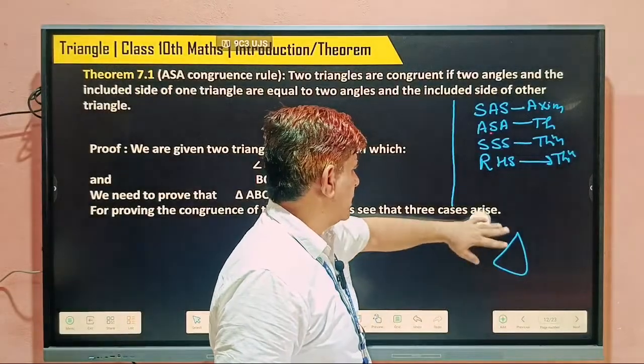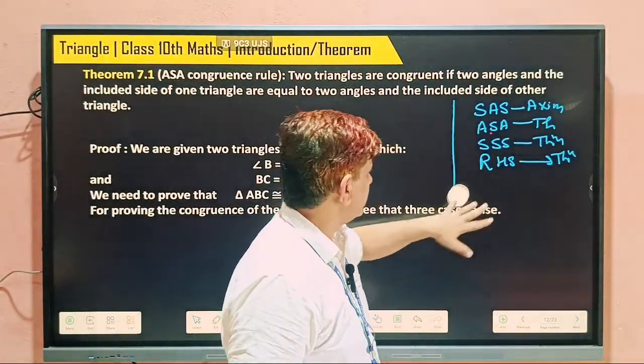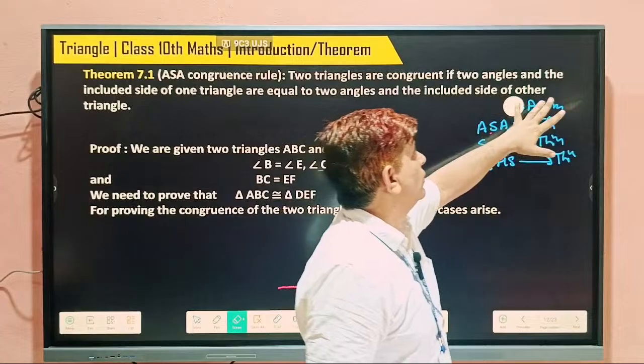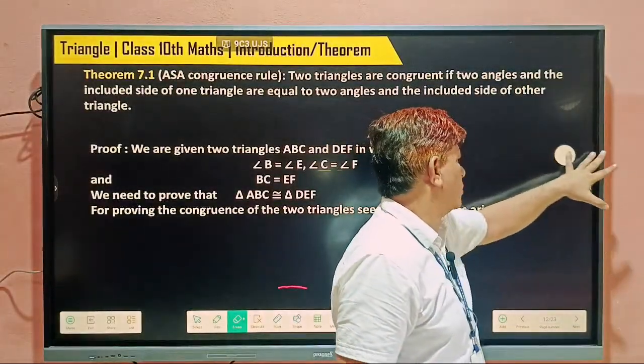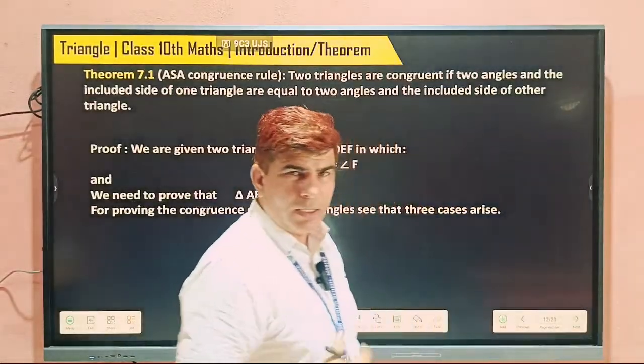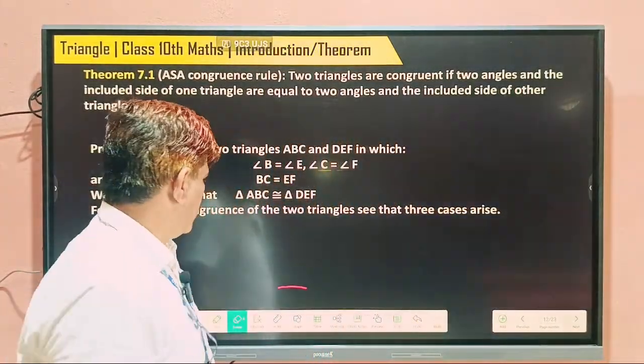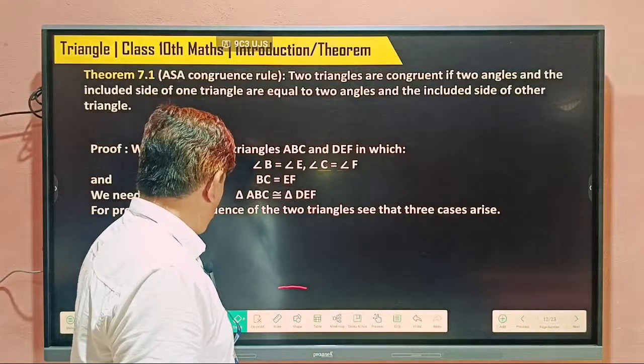In 10th class this is not given, but this is a revision of chapter number 6, so we can easily understand. It's based on this. So you can understand the statements. The proof is not important for you.